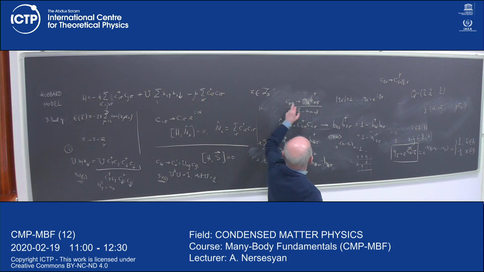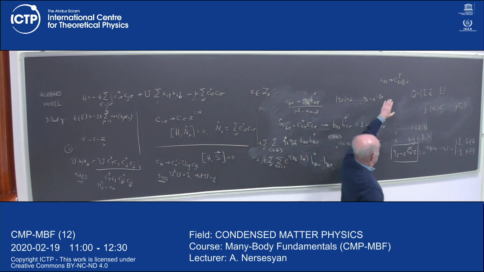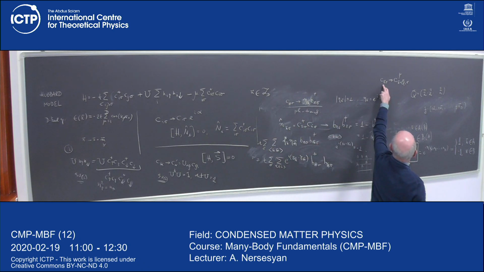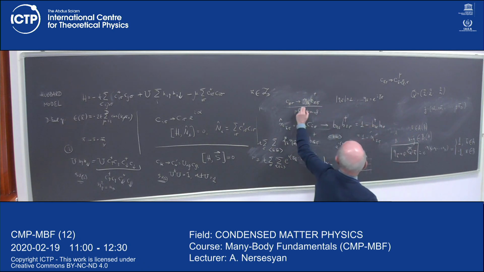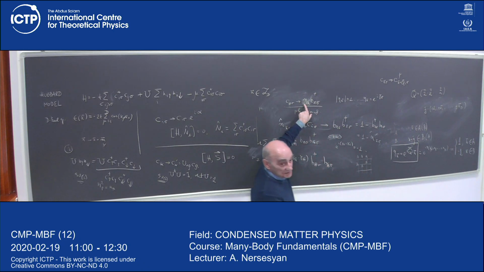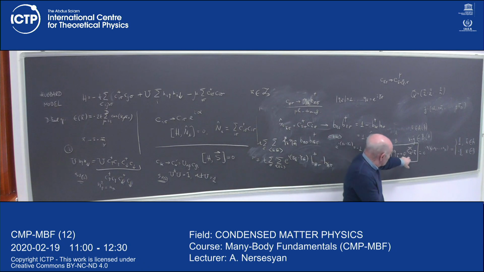This transformation from particle to hole, or vice versa, c to c dagger, is here. But you also have to change the momentum. Why? Because you put the extra oscillating factor in front, and the oscillating factor selects from k space only one vector, which adds to the Fourier transformation exponent. So all in all, k is replaced by k plus Q.